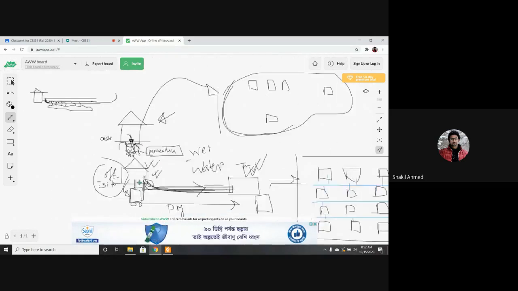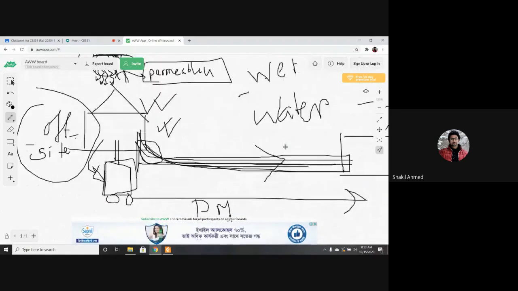What is impermeable? In sanitary sewer system, you always have a septic tank here. This septic tank is made of concrete and wastewater is stored here and not allowed to infiltrate in the soil.